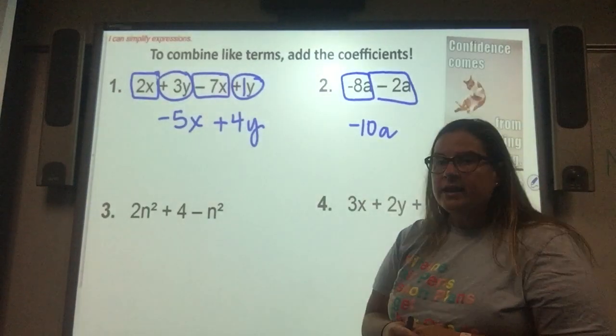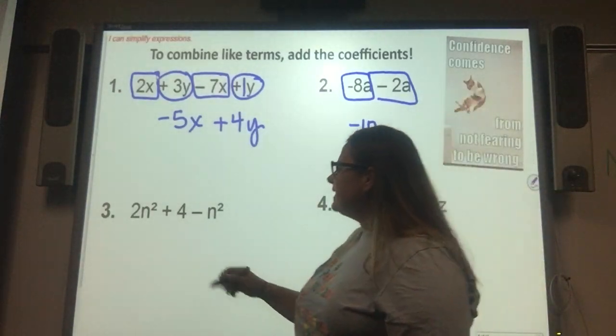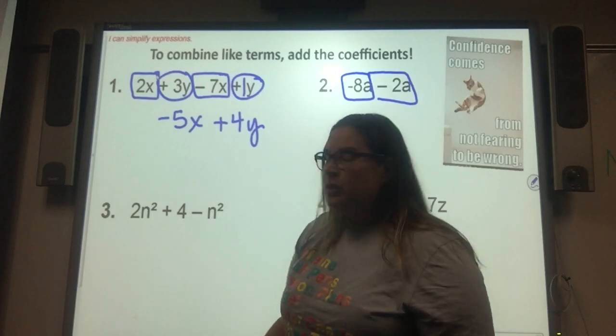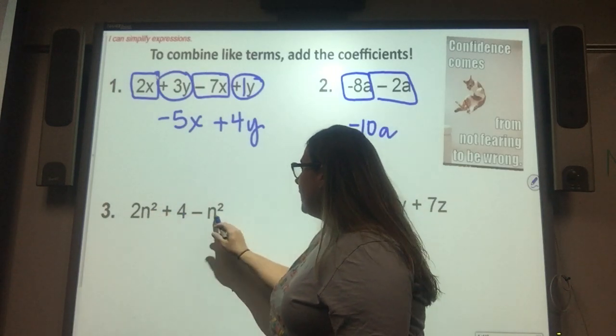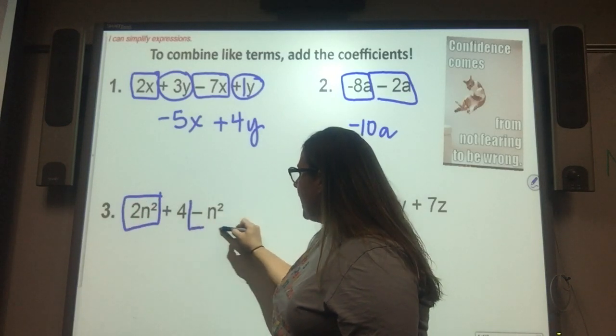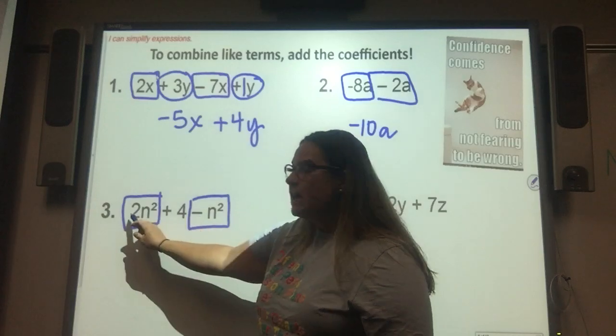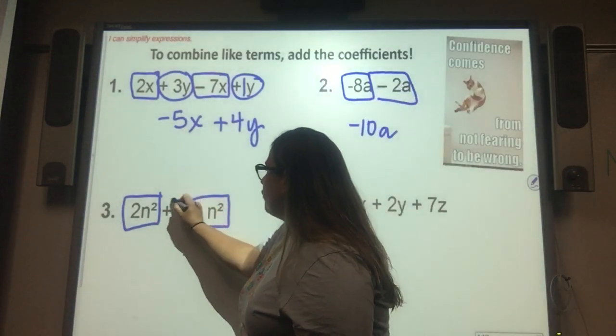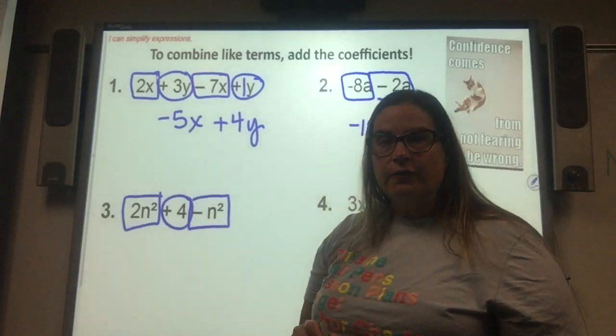Looking at number 3. Like terms have to have the same variable to the same power. So in this case, I have 2n squared minus n squared. Notice how I'm circling or boxing in that sign. The 4 is all by itself.